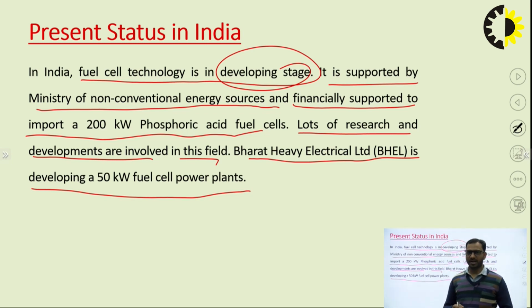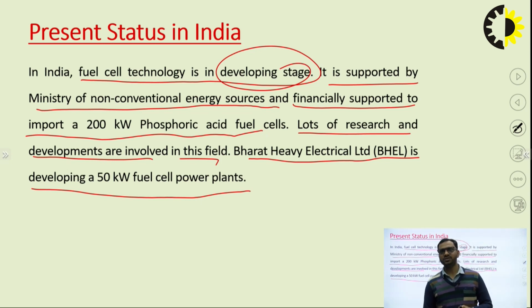If we summarize the whole lecture, we learned what a fuel cell is. Basically, a fuel cell is a technology by which we can produce electricity with the help of a chemical reaction.